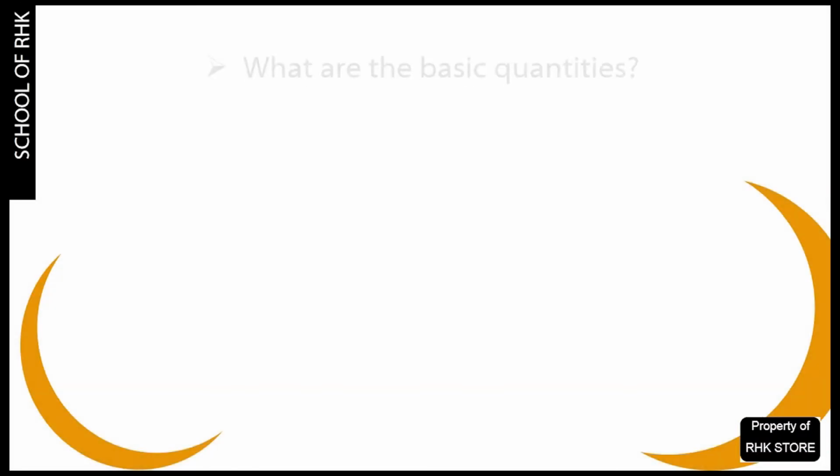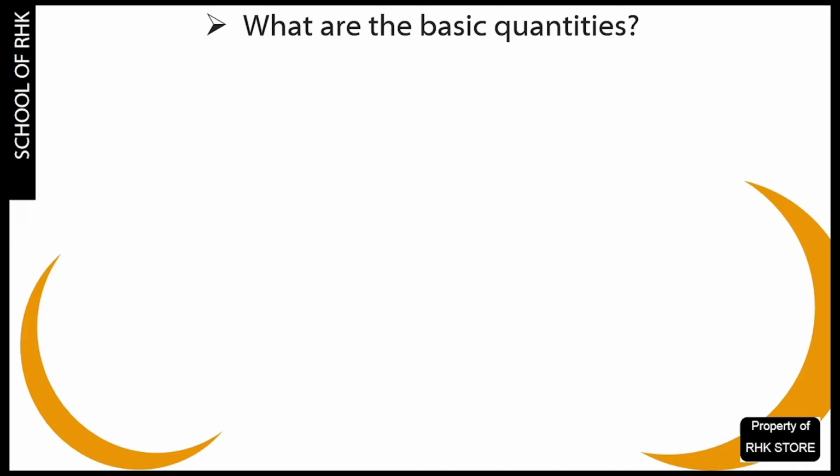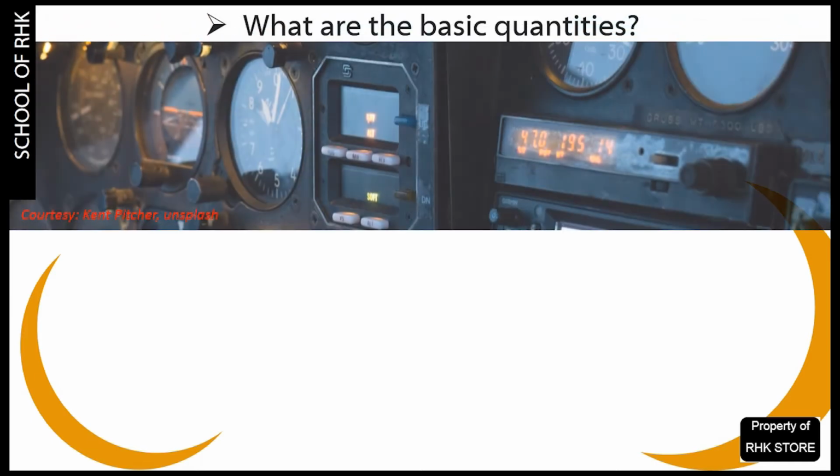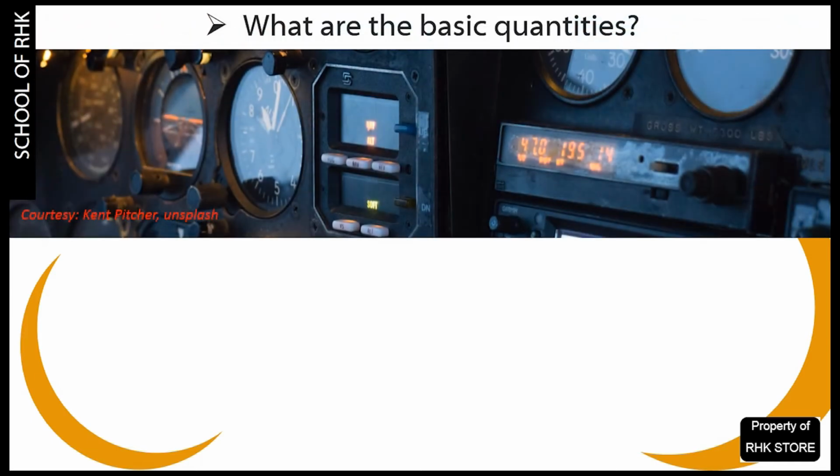We will discuss here about the basic quantities. Considering the context, the basic quantities can change. For an example, if we see the picture, it shows the measuring instruments on the flight deck of a passenger jet. All the measuring instruments provide the crew with information about the performance of the aircraft.